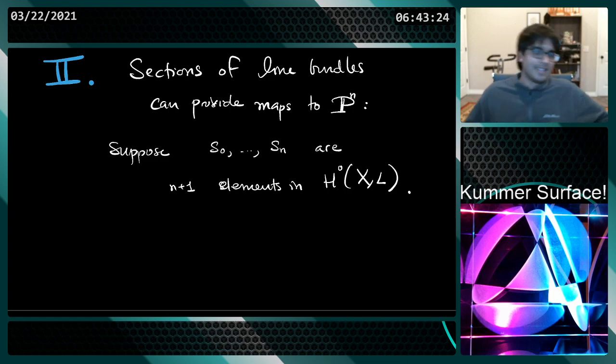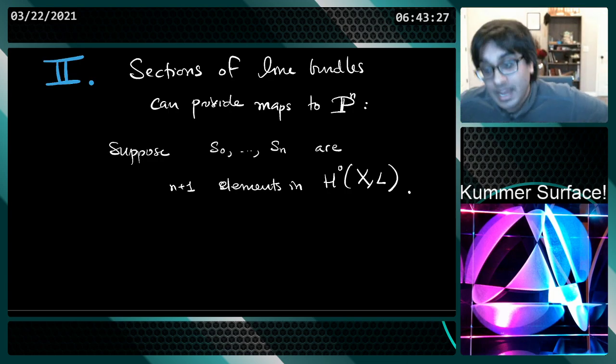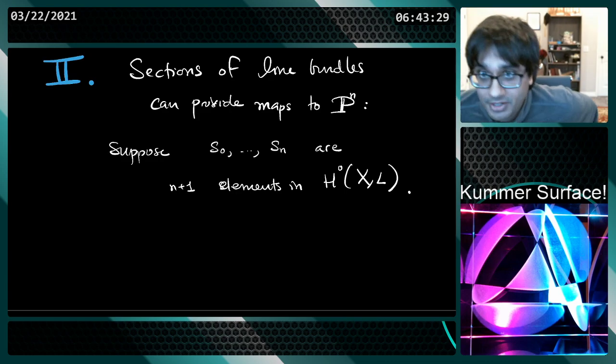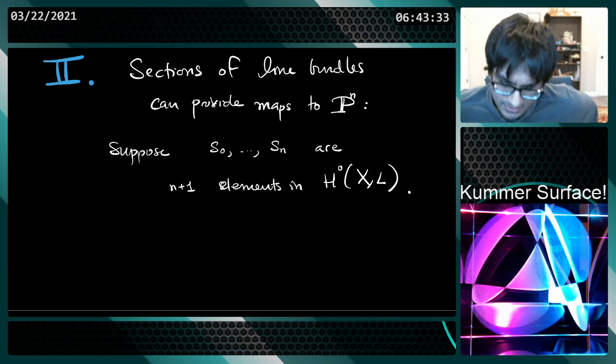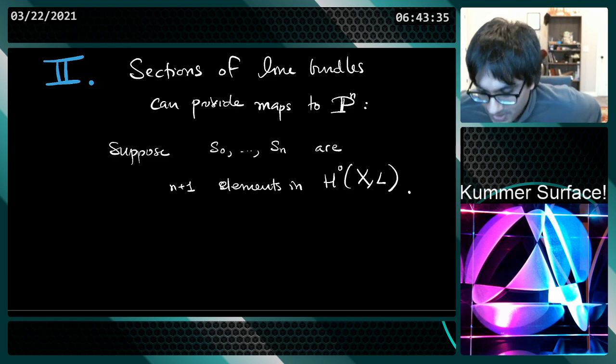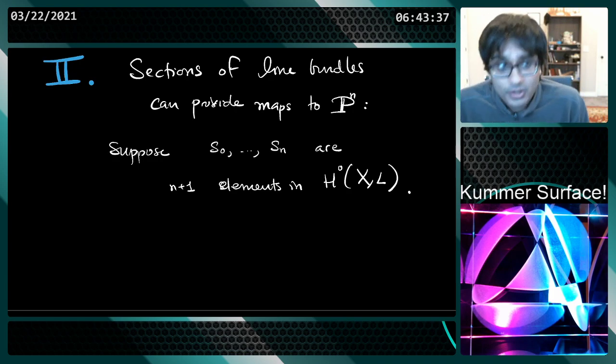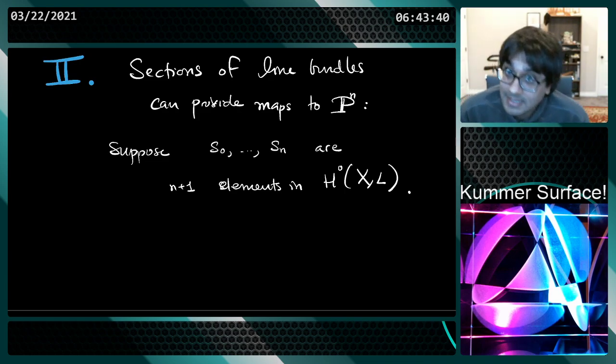Yeah, but a line in P2 is Cartier. Yes. In fact, on any smooth variety for us, all divisors will be Cartier, luckily. That's a relief. Yeah.